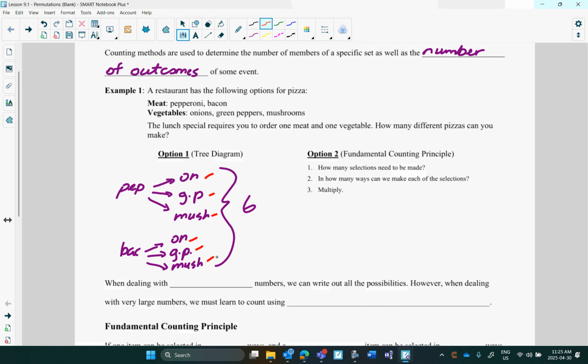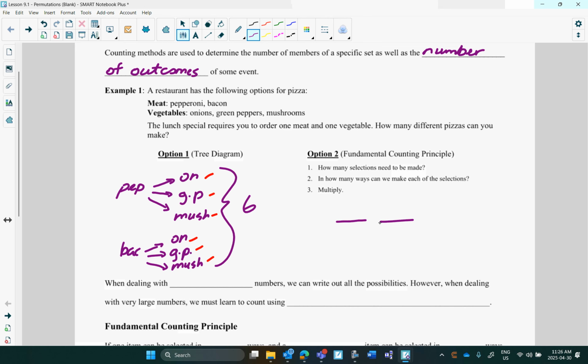But mathematicians are lazy. We want to look for a quicker way to do things. So we can do it like this. When I make a pizza, it is made up of a meat choice and a vegetable choice.